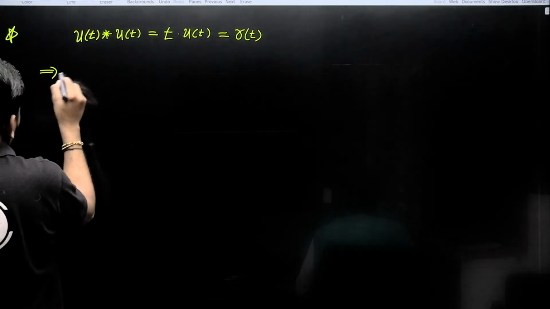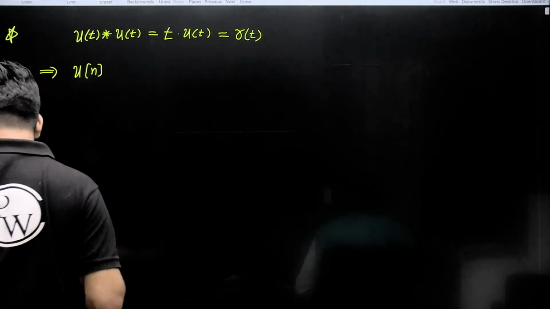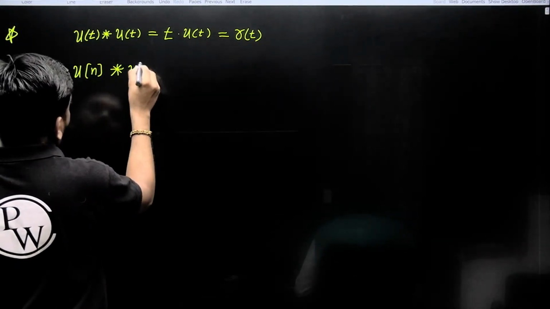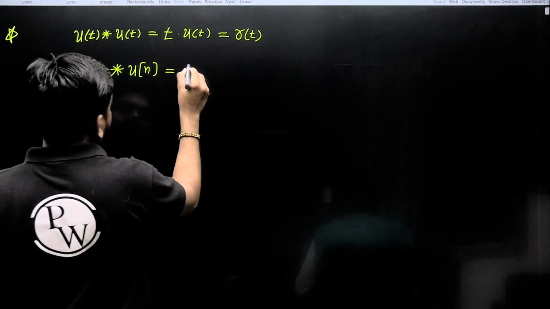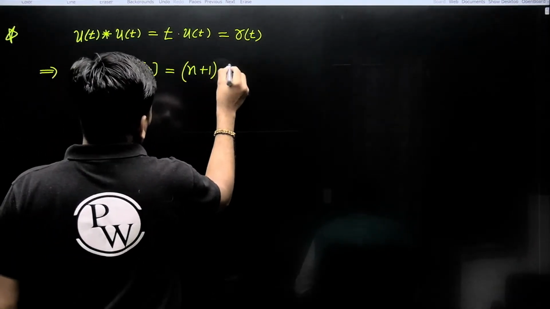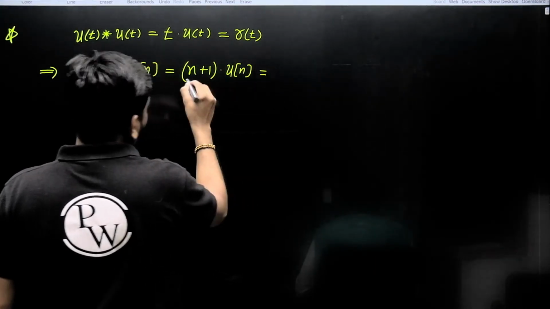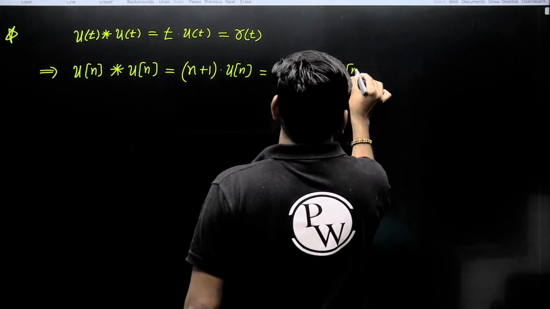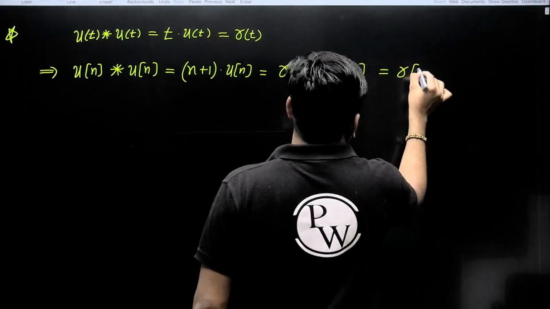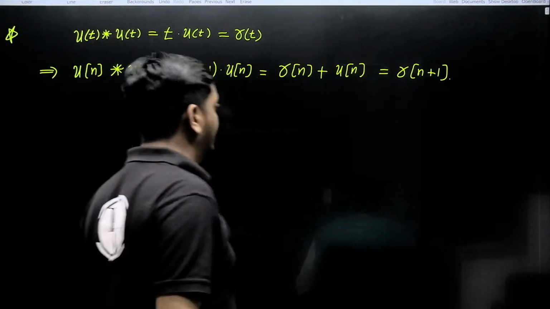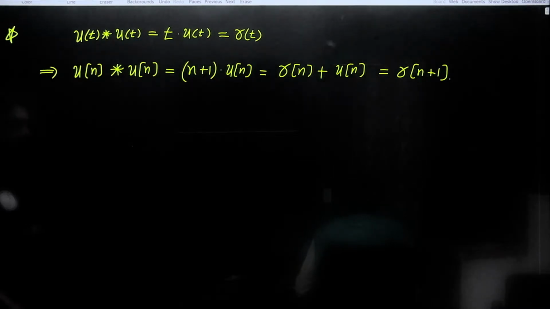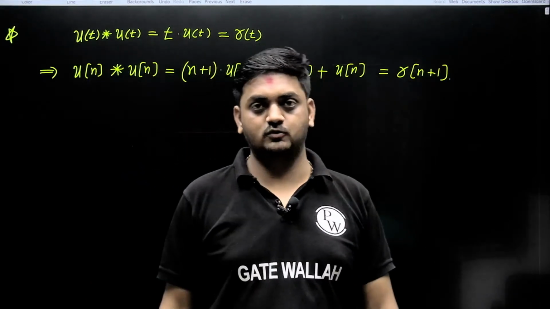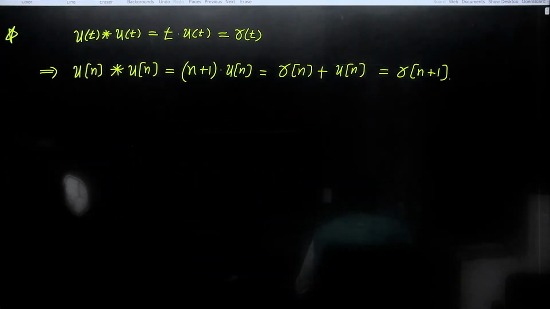And here u of n convolution with u of n is, instead of t, now n plus 1 into u of n, and n into u of n is r of n. So you can write r of n plus u of n, or we can write r of n plus 1. Very much important, guys. This is also possible, this is also possible, and this is also possible. They can ask it in a multiple select question also, an MSQ type question.